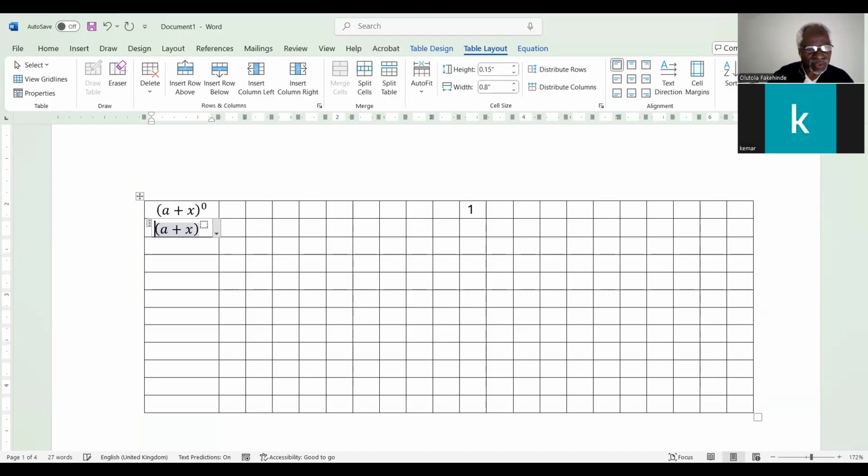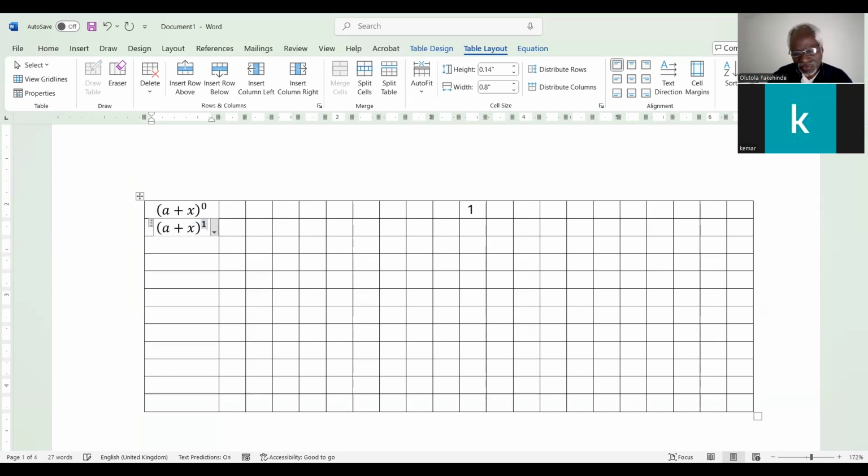I will copy that one again. So we want to raise this to power 1. When we raise it to power 1, what do we get again? It's going to be 1 and 1, right? Yes, sir. Because A will be 1A and X will be 1X.